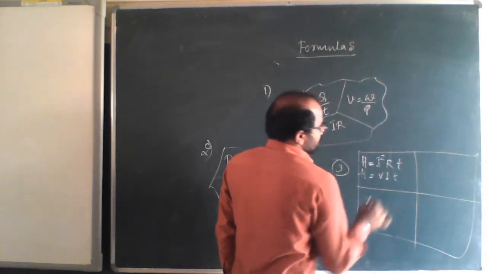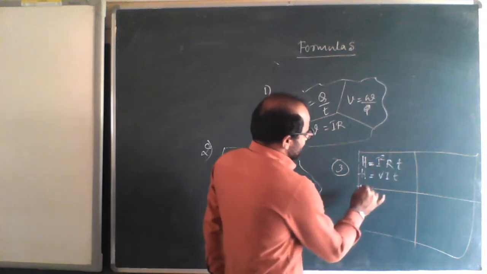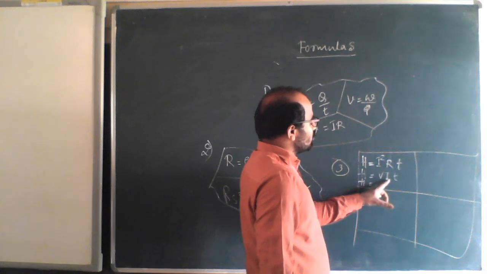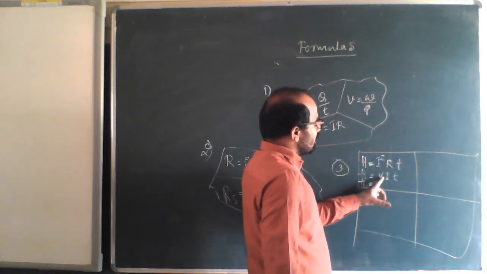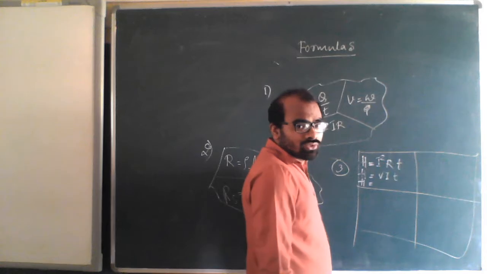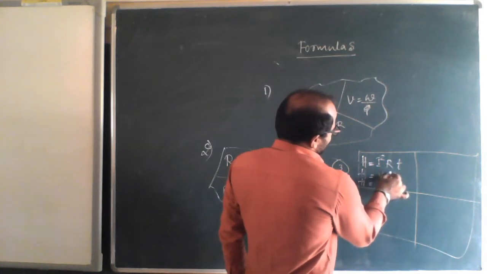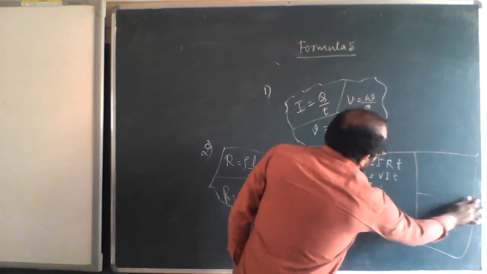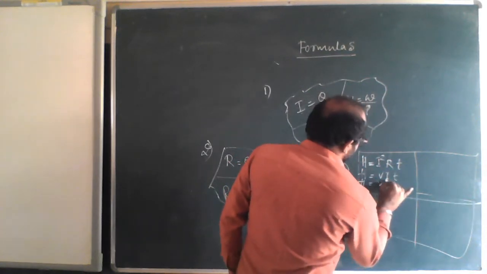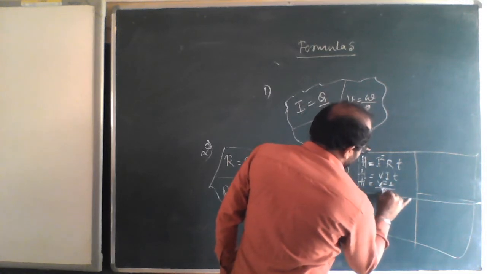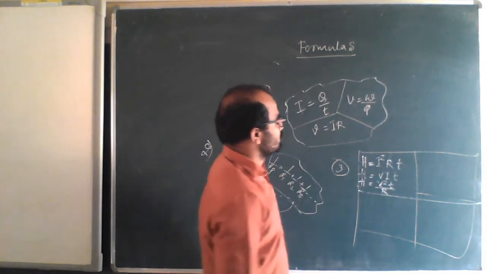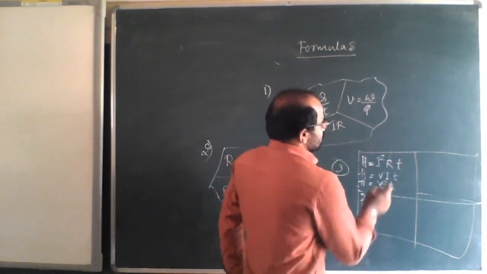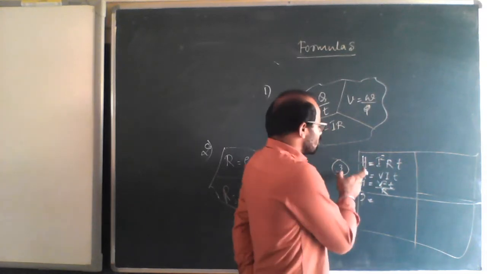Or you can make the first one H is equal to VIT. In place of V, if I put IR, I get I square RT. Now in place of I, if I put V by R, that will be V square T by R. Similarly, you make the formulas for power also. What is power? Energy by time, so heat energy by time.